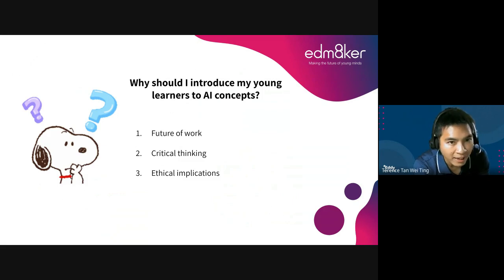And so understanding AI helps students grasp complex ethical topics like data privacy, algorithmic bias, and these are very real ethical implications that are going to manifest as AI gets more and more universally used, right? So I think this is really just the tip of the iceberg, but these are just some very strong reasons why you should be introducing your young learners to AI concepts.